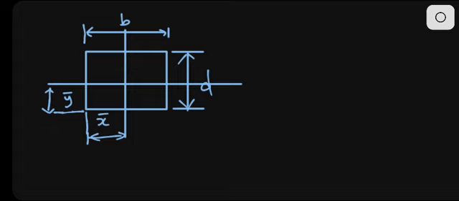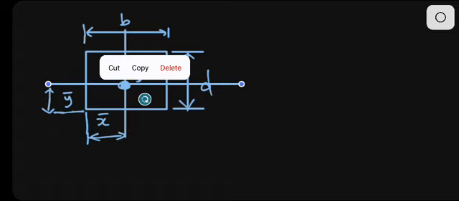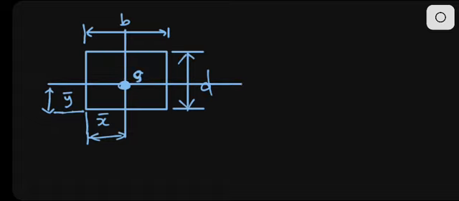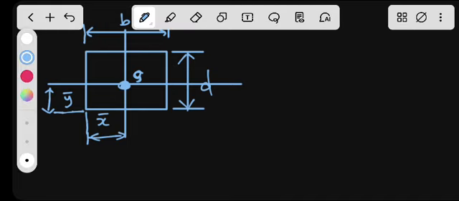These two lines meet here at the center, and that is where we'll have the position of the centroid. We have our G, the position of the centroid, taking place there.